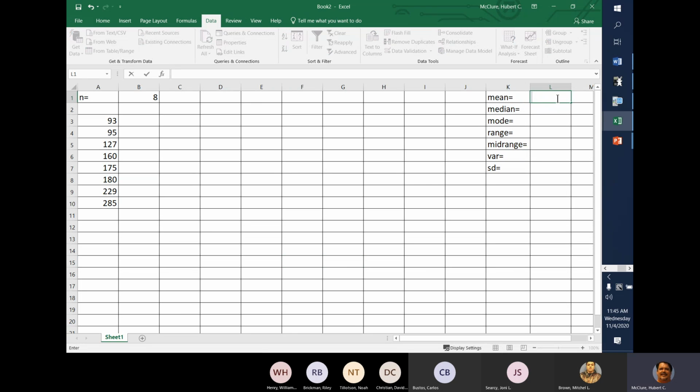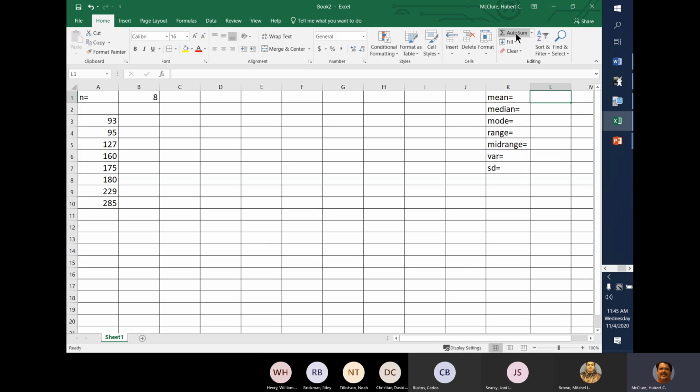So equals the sum of all of these numbers divided by 8. Okay, I want y'all to go ahead and do that. I want you to take your calculator and add up all those numbers and divide it by 8. Give y'all 30 seconds.